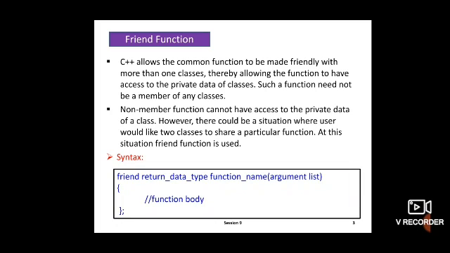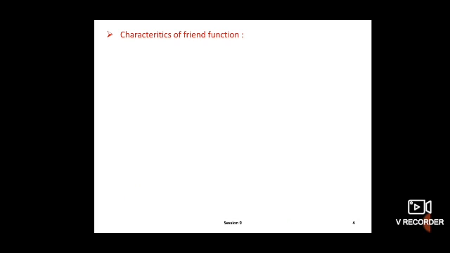Always remember this. Now see the characteristics of a friend function. It is not in the scope of the class to which it has been declared as friend.